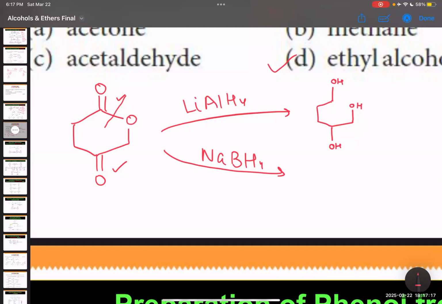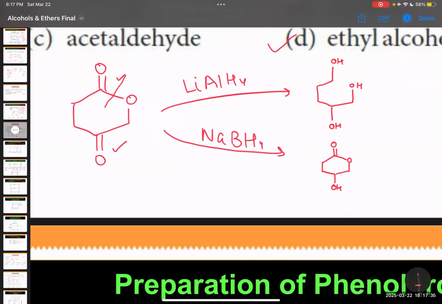Got it? With NaBH4, only the ketone is going to get reduced, the ester is going to remain as it is. So that should be the answer. Okay.